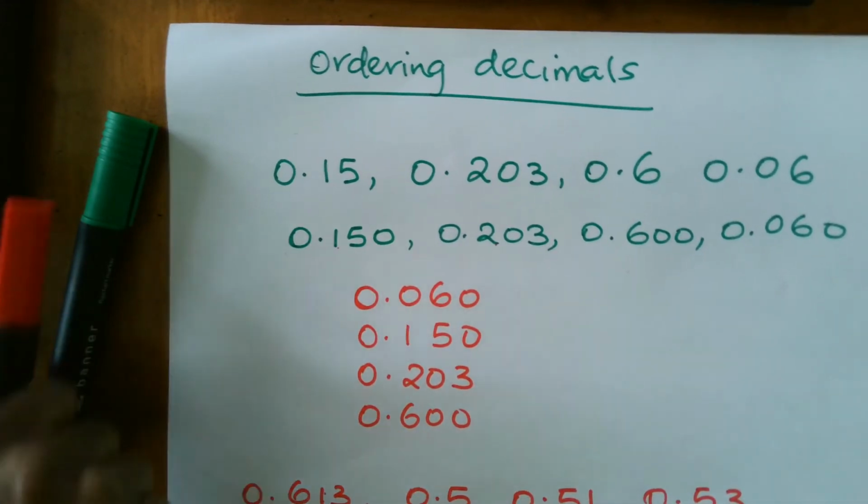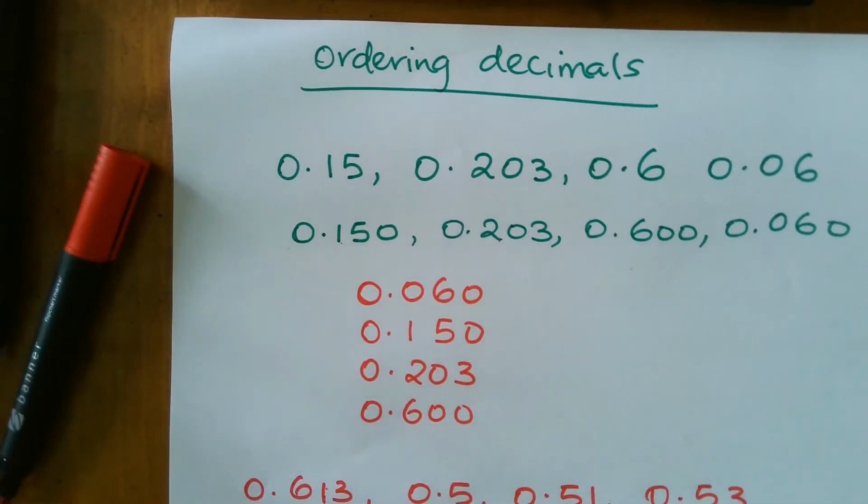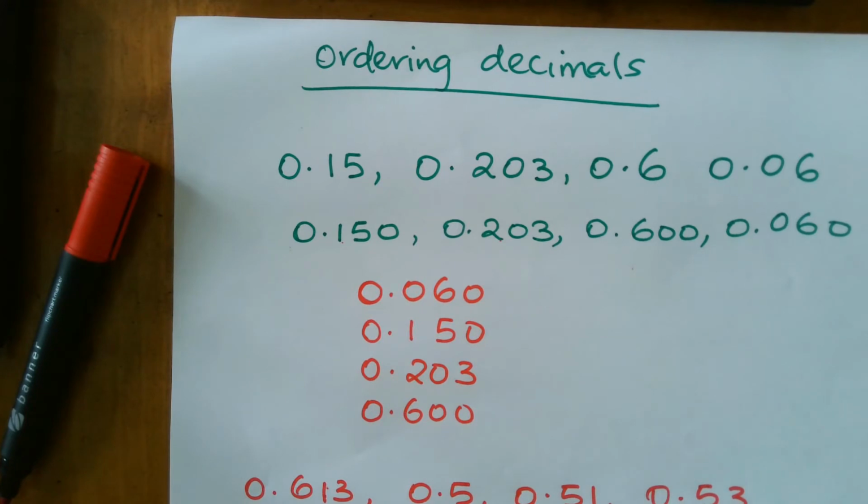Now we can see the smallest and the largest number. So when we look on here, we can see that the first digit is just the zeros before the decimals.